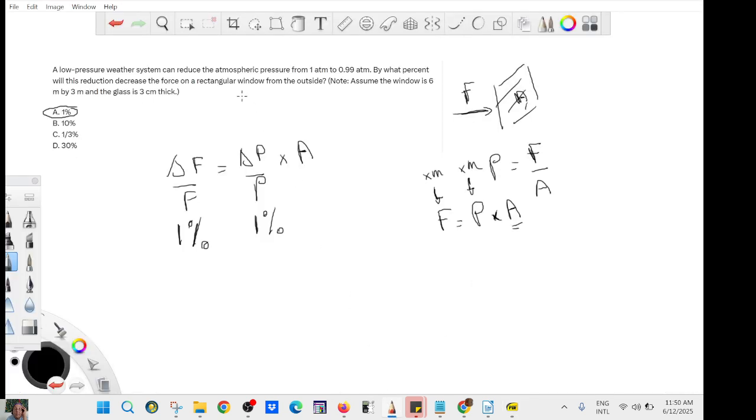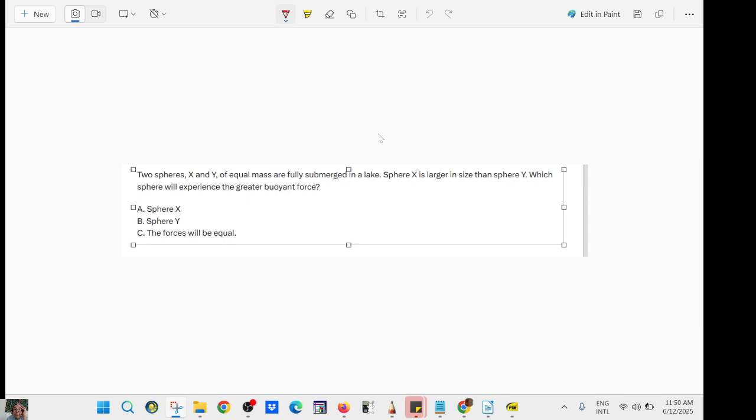In that case, they both have the same mass, but they do not have the same volume, right? Sphere X is larger in size, so it's going to displace more fluid, or more water.